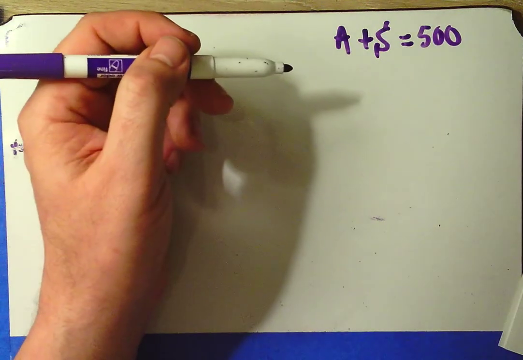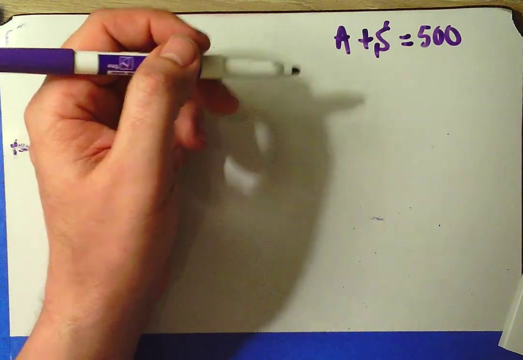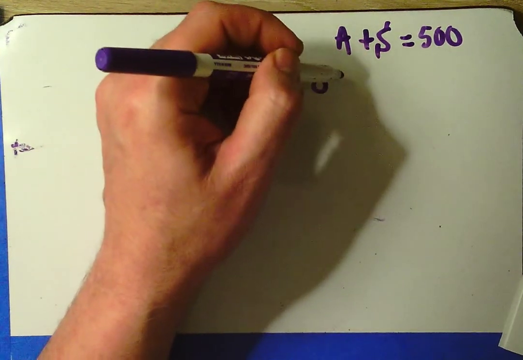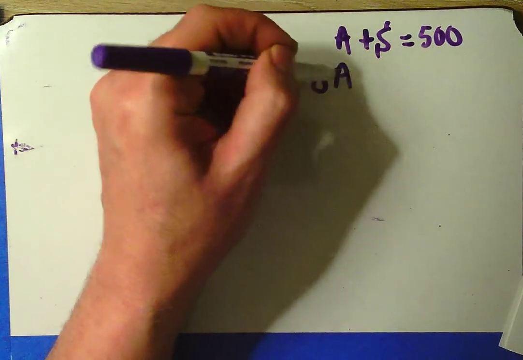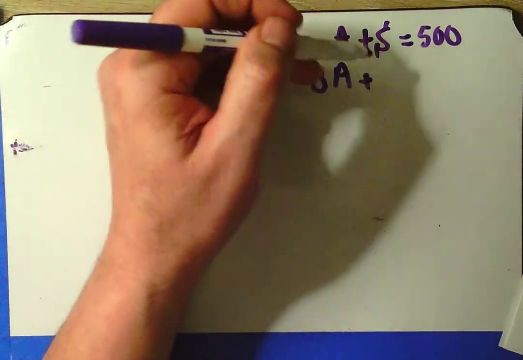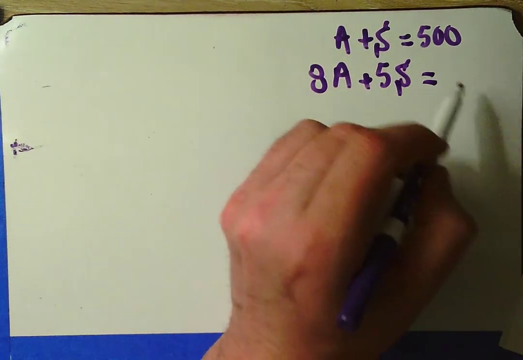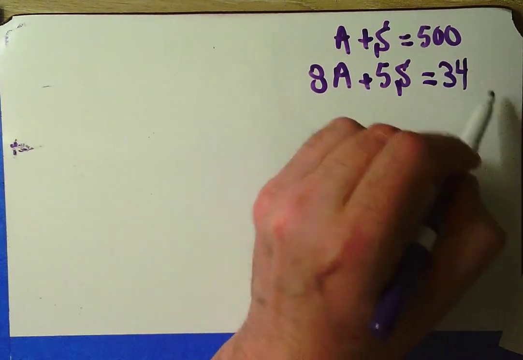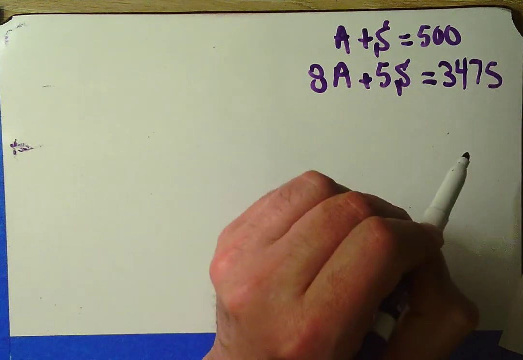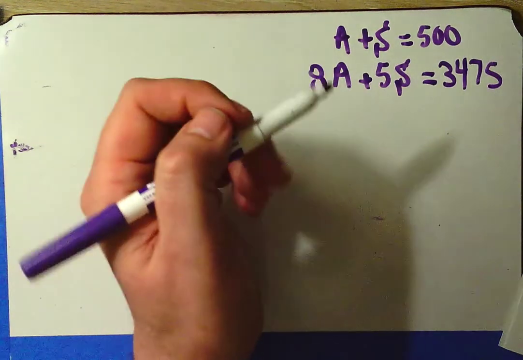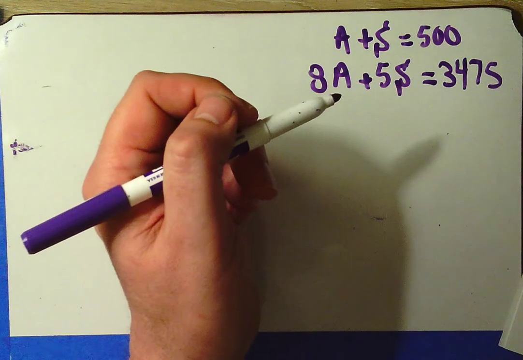But I can also build a value equation. Each of those adult tickets costs $8, and each of those student tickets costs $5. And we made a total of $3,475. Well, again, this is just a system of equations.